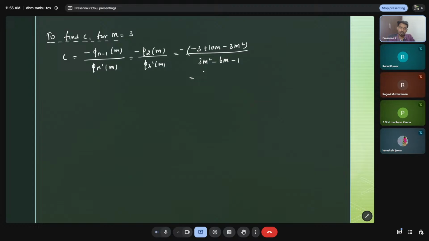So here for m is equal to 3 we are doing. So minus 3 plus 30, m is 3 means this will be 9, this will be 27, divided by 3 into 9, 6 into 3 minus 1. So this will become 30 minus 30, this will become 0, right? As 30 minus 30 is 0.